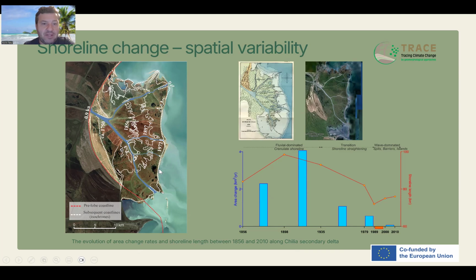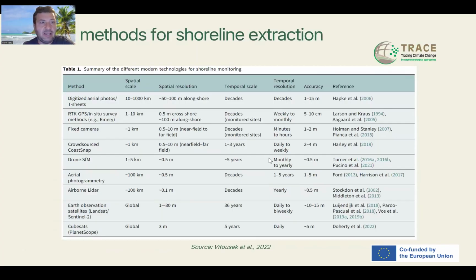But from the 70s, there is no expansion of this lobe, but we have erosion, which you can also see here. So after this period of movement offshore, so accumulation, high rates of accumulation, we have a decrease in this accumulation, and even erosion in the last decades.